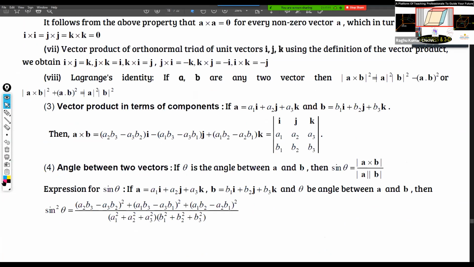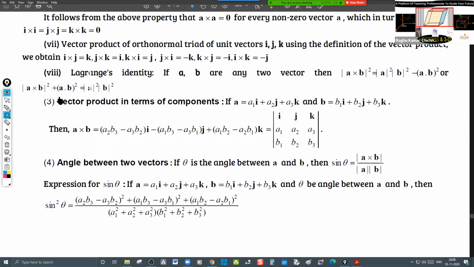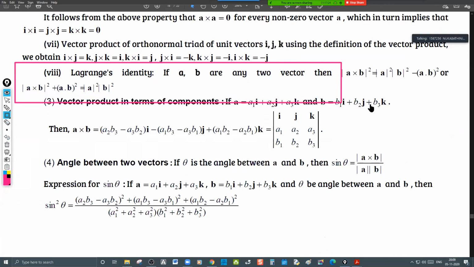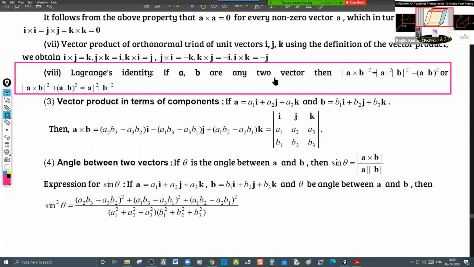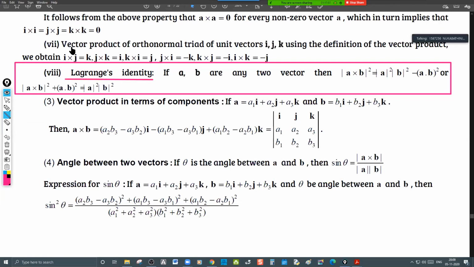If you refer to previous papers, whether it is board or objective, very, very important is the Lagrange identity, based on which you find questions. Anyway, for your better understanding, I'm proving it.